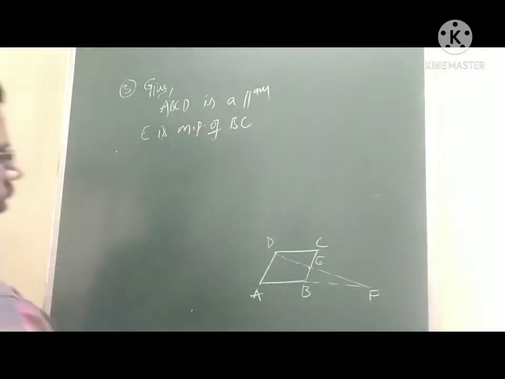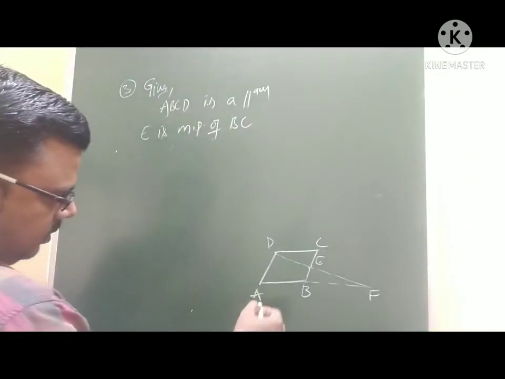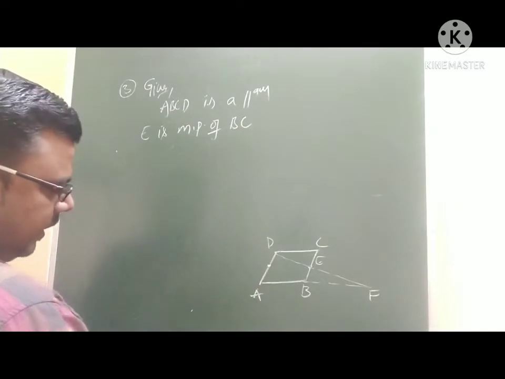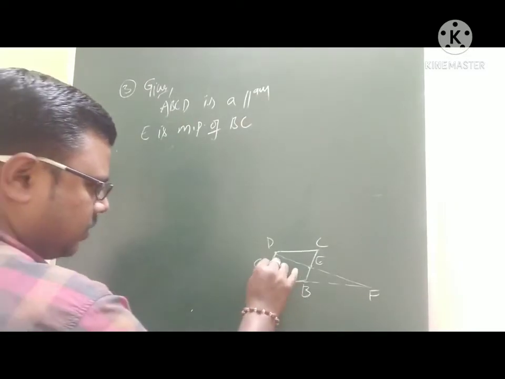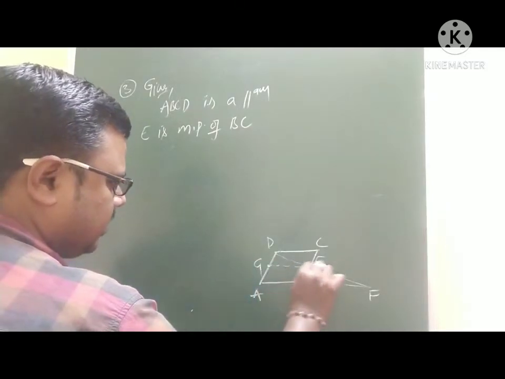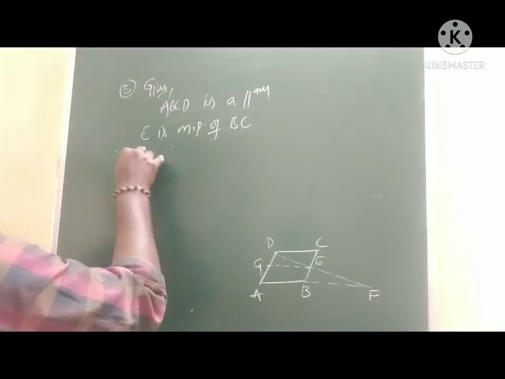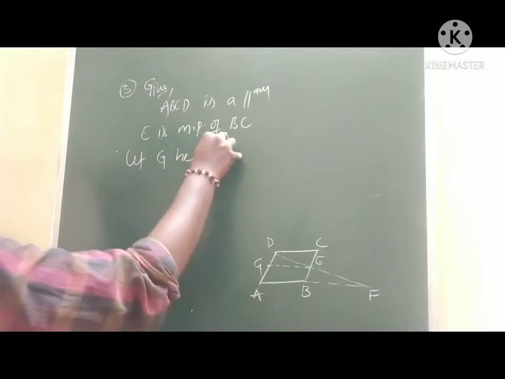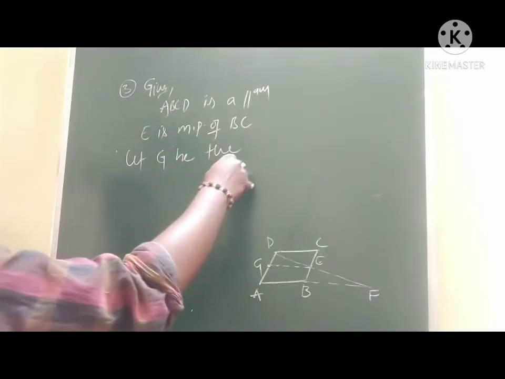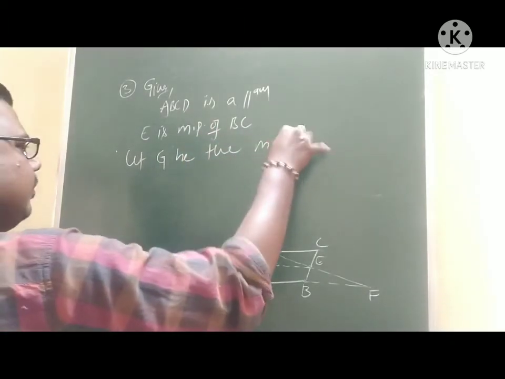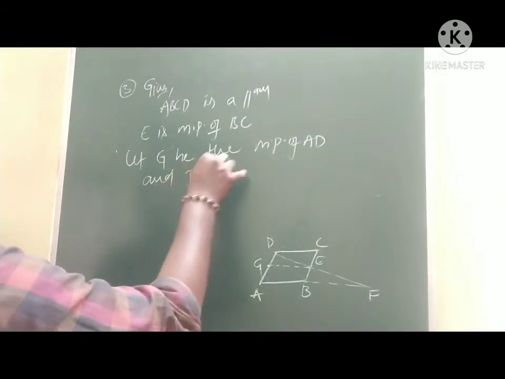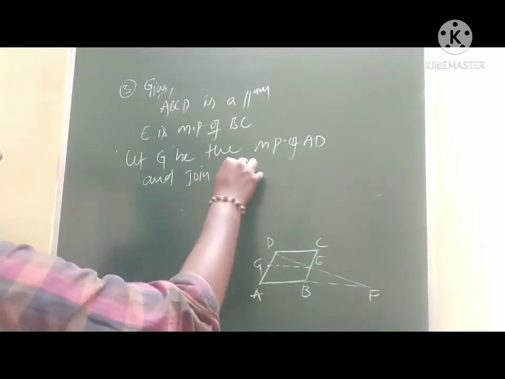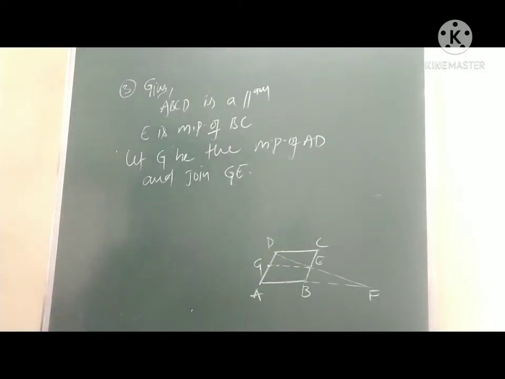Now here what I am going to do, let us consider one more point here. A, B, C, D, E, F. Okay, let me take G. So let me join this. Let G be the midpoint of AD and join GE.